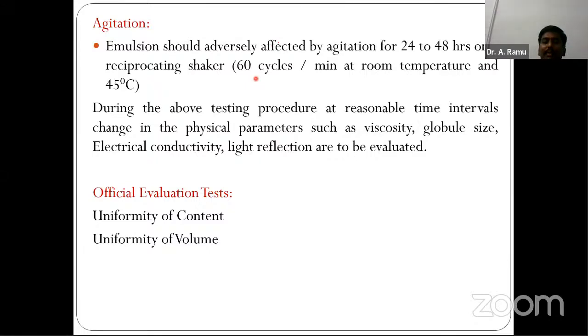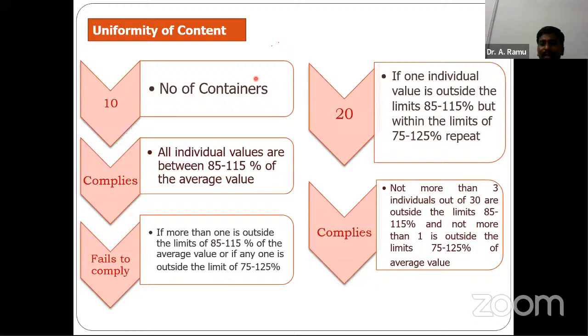They are uniformity of content and uniformity of volume. Let us see how the uniformity of content test is done. The uniformity of content test is performed to determine whether the content of active ingredient present in all containers is uniform for emulsions or not. For this, you select 10 containers randomly, perform the assay and calculate the percentage.